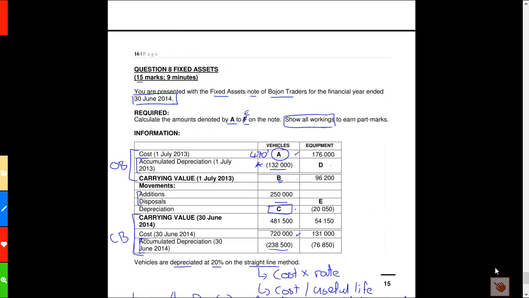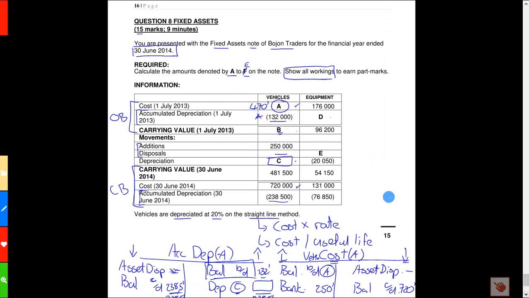Then we've got equipment, which is very simple as well. Again, very easy. Amount number D. We've got our cost, we've got our carrying value. We know carrying value is equal to cost minus accumulated depreciation. So if we have the cost and the carrying value, we can easily calculate the missing figure of accumulated depreciation because we only have one unknown.